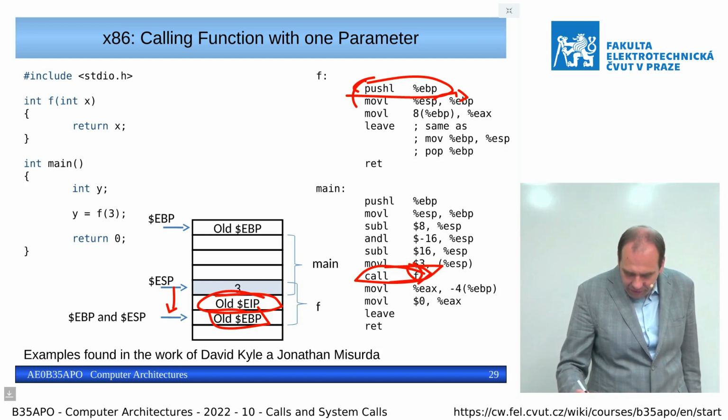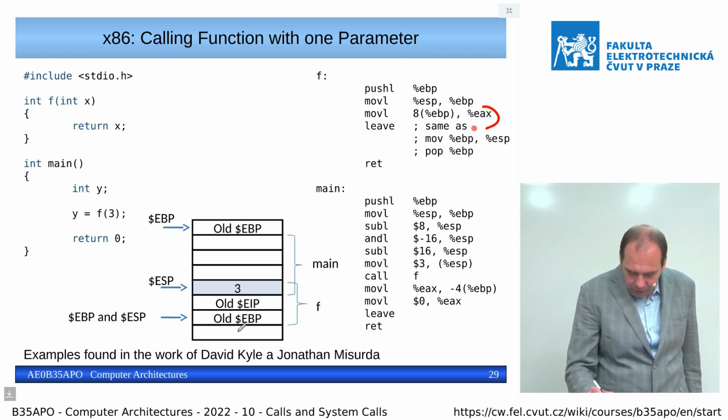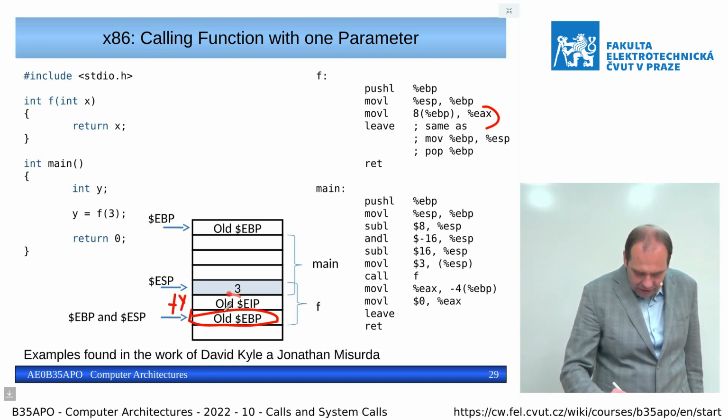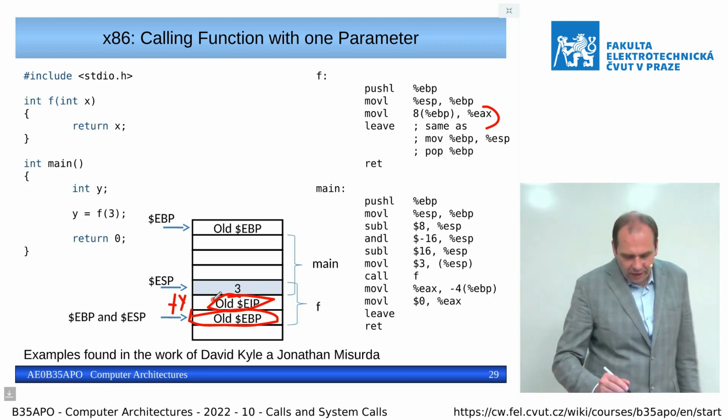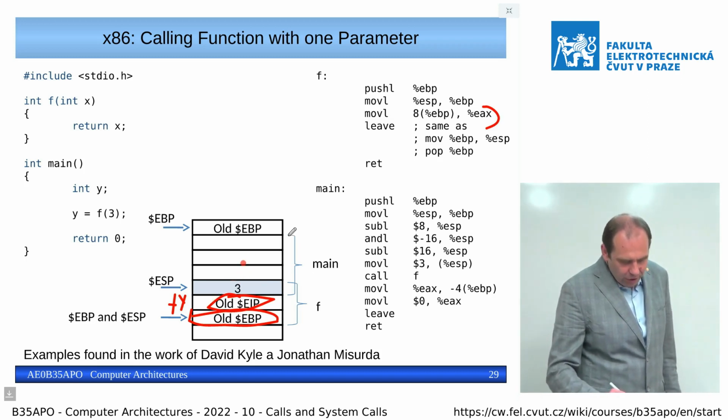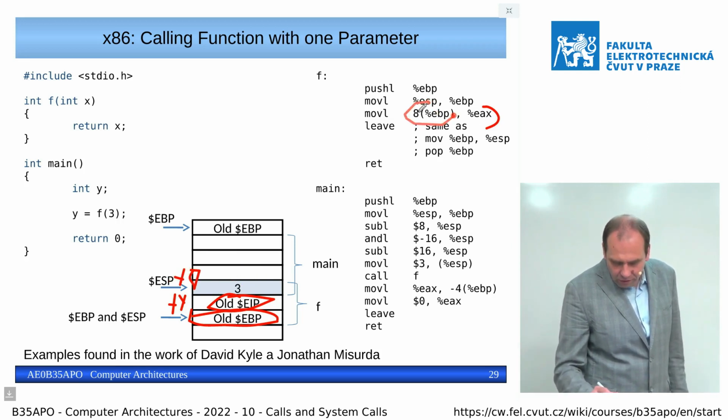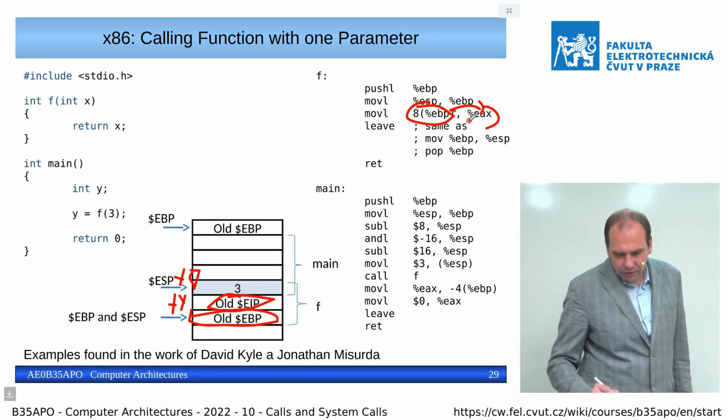And if we want to access the argument, then we know that at our address is the previous EBP. Address +4 is the automatically stored IP or program counter, and +8 is the value which has been passed to the function.